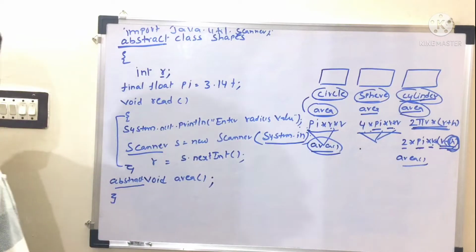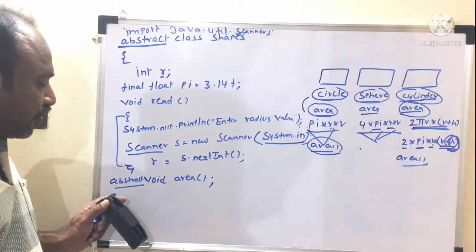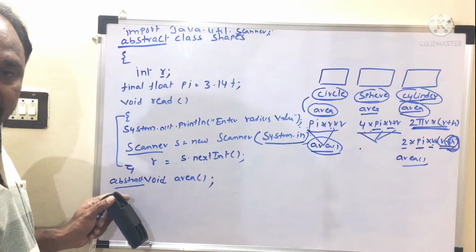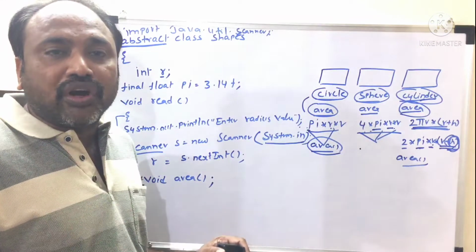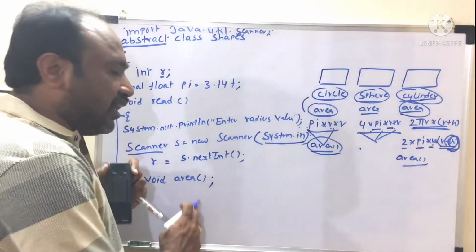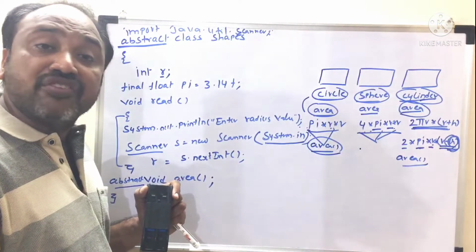But in case of interface, there is no need of using the abstract keyword. By default, a method without a body, if you simply provide void area, will be treated as abstract.